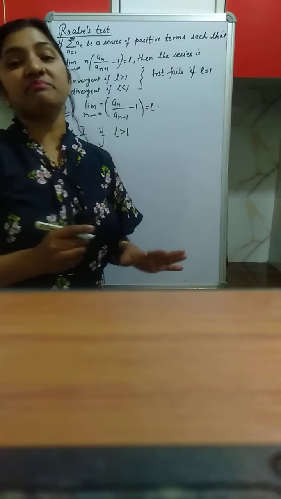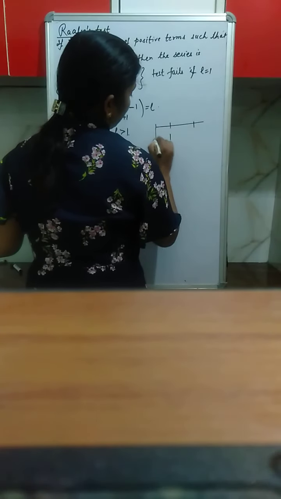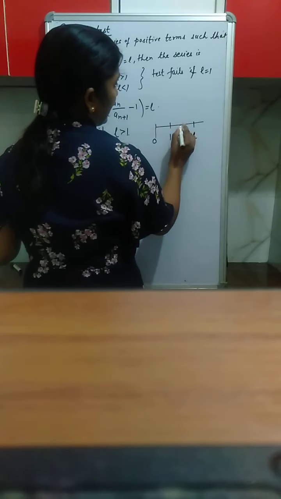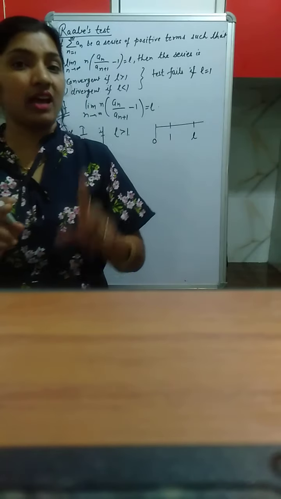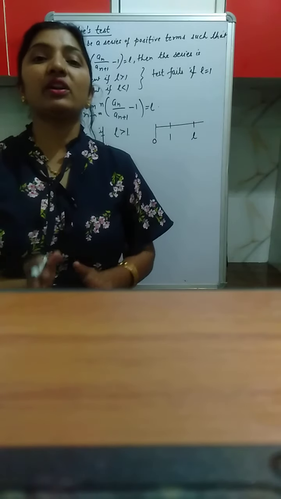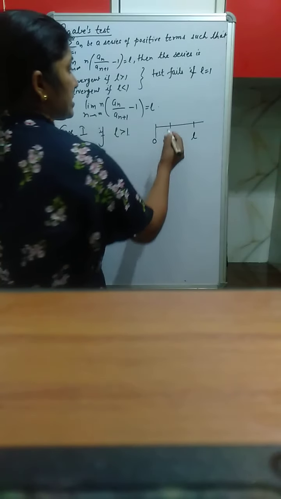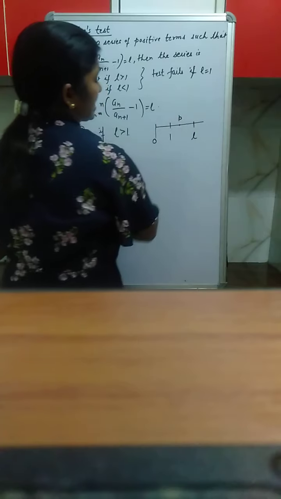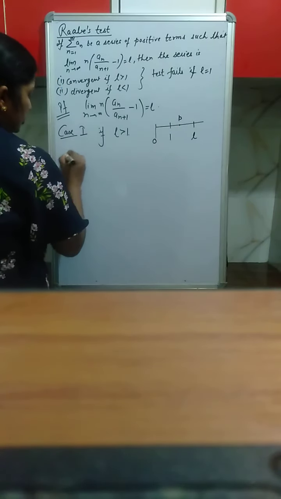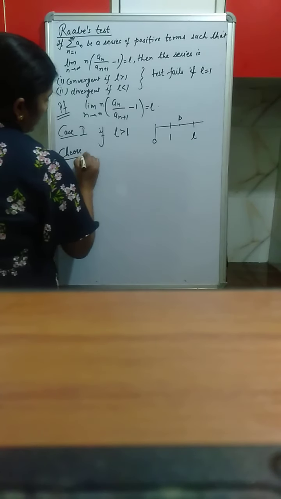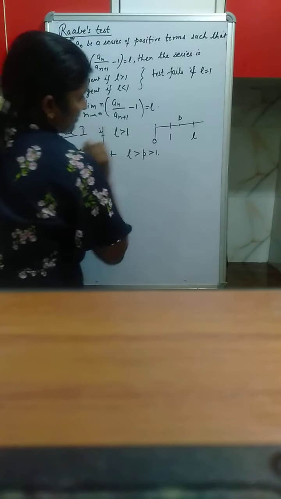I have told you earlier many times that on the number line, if it is 0, it is 1, somewhere it is L. As L is greater than 1, L and 1 are two different real numbers, and between two different real numbers there are infinitely many real numbers. So we can always choose a number between 1 and L. Suppose this is P. It is very clear that L is greater than P and P is greater than 1. So choose some number P such that L is greater than P greater than 1.